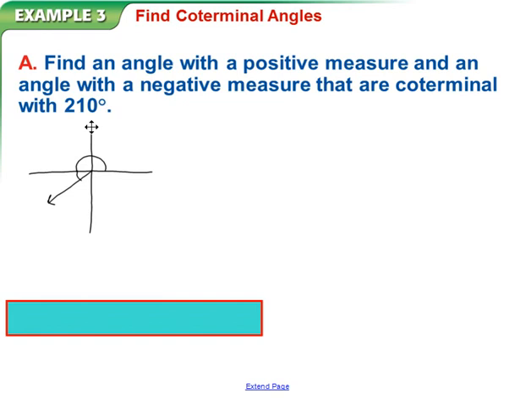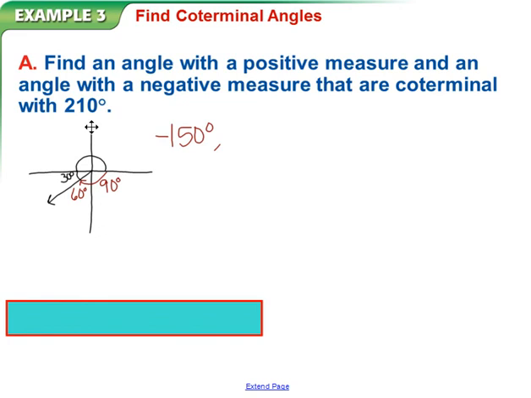Well, a negative measure would be if we'd come this way. So remember we said that our reference angle here was 30 degrees. So when we're going negative, we went 90 degrees right here. And then this red part plus the black part has to make a 90-degree angle. So that means that this has to be 60 degrees. So the negative measure is 90 plus 60, or negative 150 degrees.